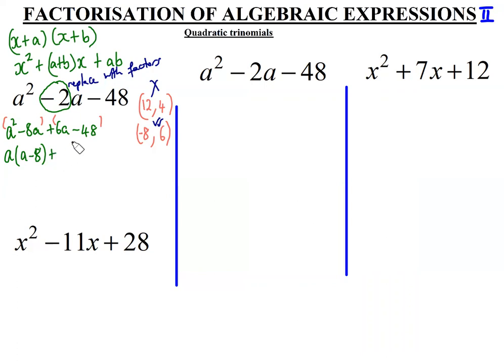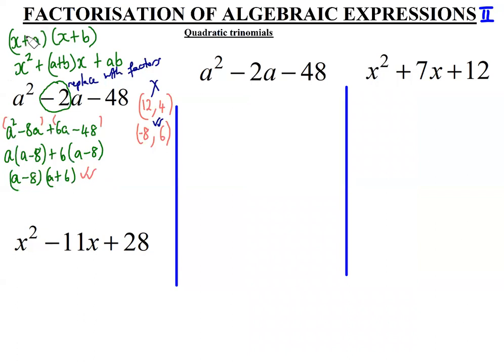Then we can take out 6, which is also a minus 8. So we have a minus 8 and a minus 8. We're going to have (a minus 8), and we are left with a plus 6. So this becomes our answer.